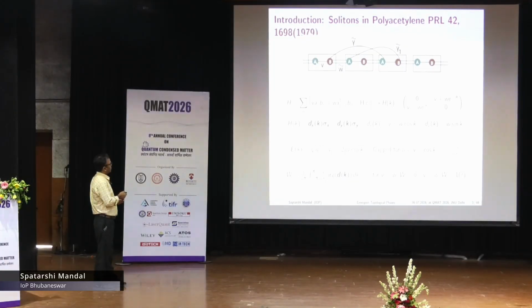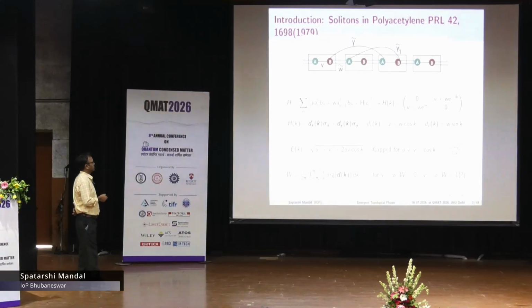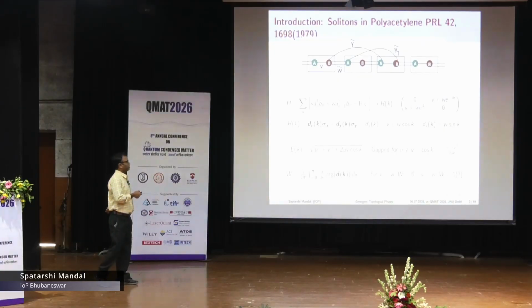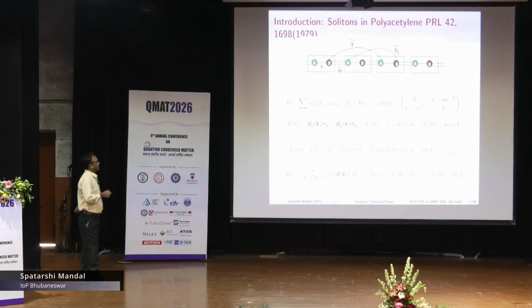We have two different kinds of hoppings: the intra-cell hopping V, and then the inter-cell hopping, which is W. So when one plays with this V and W, one can see interesting topology of the systems. For example, when one of the hoppings is greater than the other, the system would have finite winding numbers. Depending upon how you cut the systems, you can have edge modes.